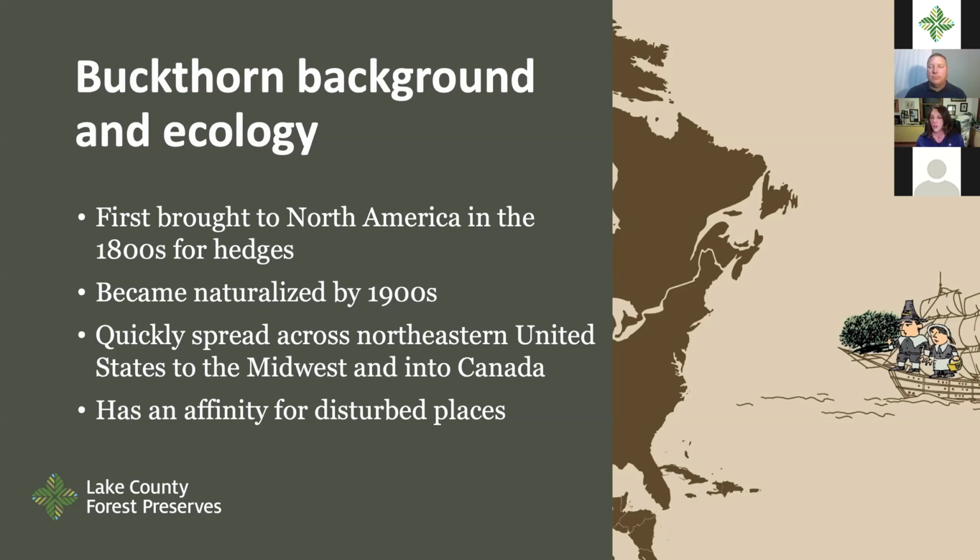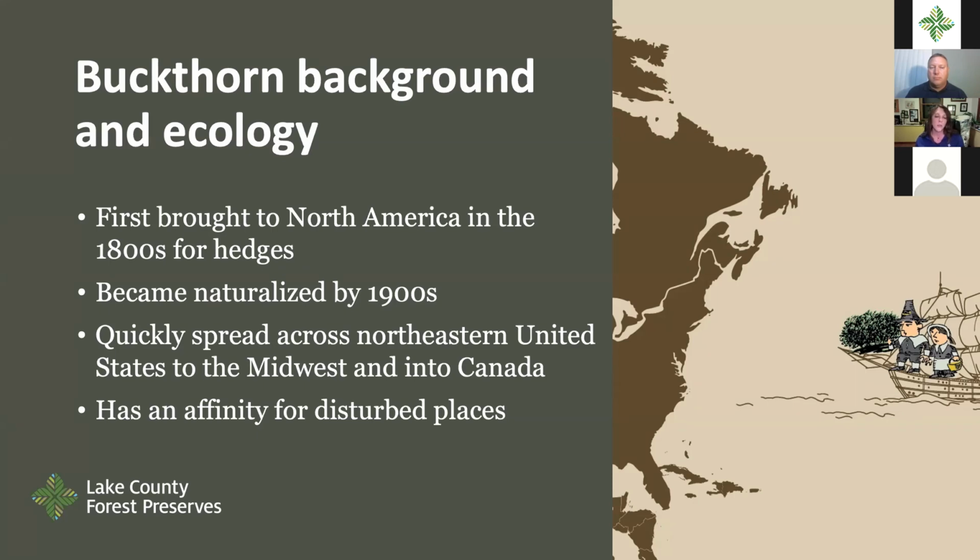It was planted in various areas, mostly along the East Coast. And by the 1900s, it became naturalized in our native woodlands and forests here. At that point, or after, it quickly spread across the northeastern United States, all the way to the Midwest where we are, and up into provinces of Canada, very far north. Along the way, over all those years, we've also been disturbing the land quite a bit, building all the things humans build.